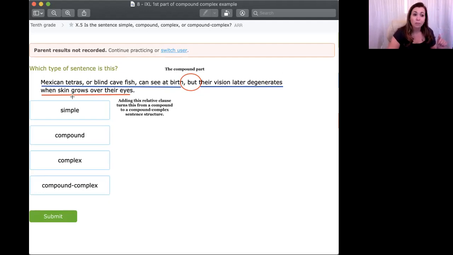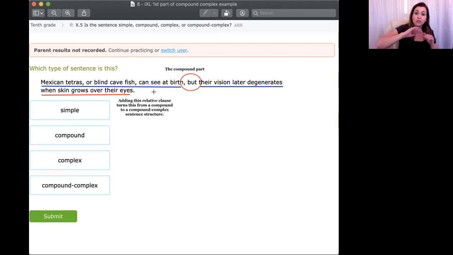Mexican tetras, or blind cave fish, can see at birth. What's going on here with this comma or blind cave fish? I chose this example again because this is another opportunity for students to go, wait a second, I think or is one of those words that joins two sentences to make a compound sentence, and you are correct, but not in this case.